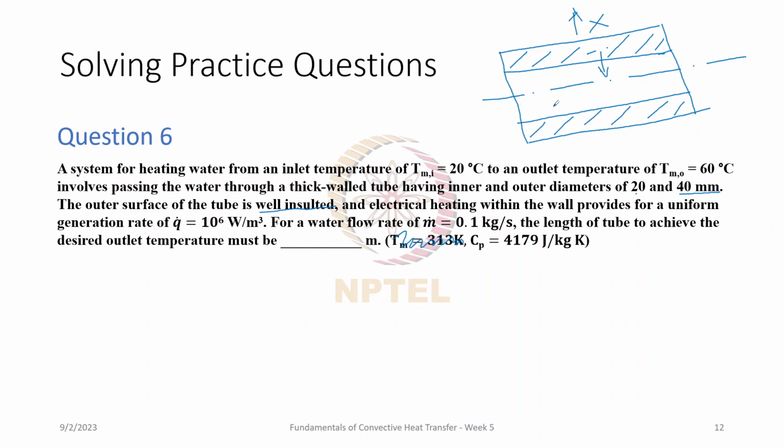There is some volumetric heat generation there, and that volumetrically generated heat gets into the flow of water through it, which has an entry temperature of 20 degrees Celsius, and an outlet of, okay, not 40, 60 degrees Celsius.